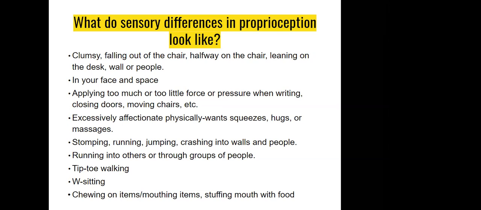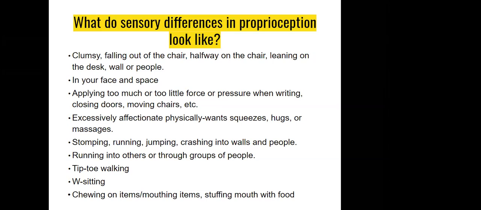They might be excessively affectionate physically. So they might want a lot of squeezes, hugs, or massages because they're wanting that deep pressure input. They might stomp and run, jump, crash into walls and people, either not knowing they're doing this or trying to do this to get that feedback, running into others or through groups of people.